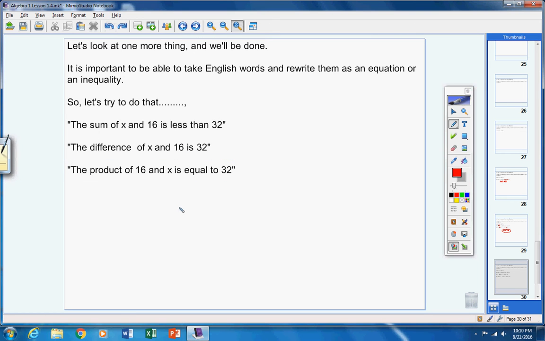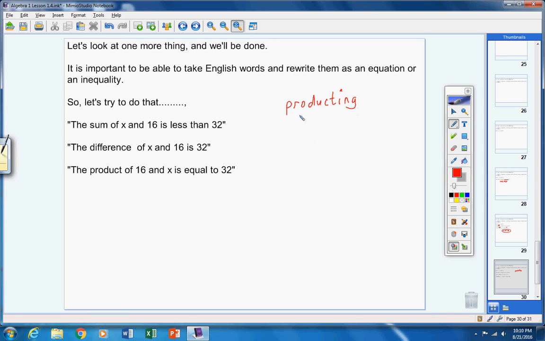The product of 16 and x is equal to 32. Please copy that in your notes. Now I know there's no such word as producting, okay? But I'm going to use the word anyways.